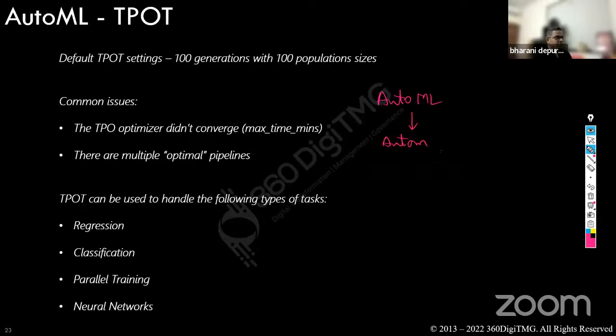What are the various things which people will automate, or rather, which are automated in AutoML? And then we also discussed that we have open source tools and we have cloud-based tools.